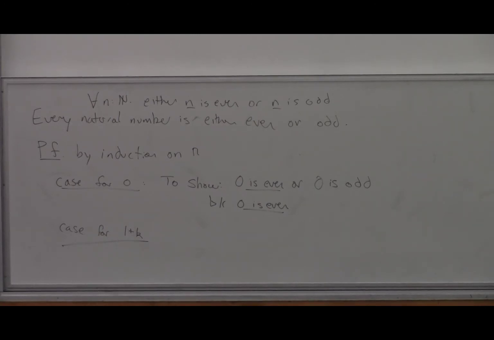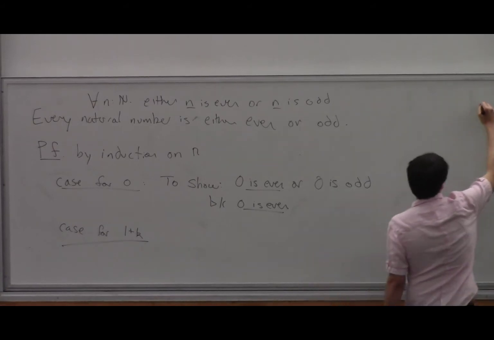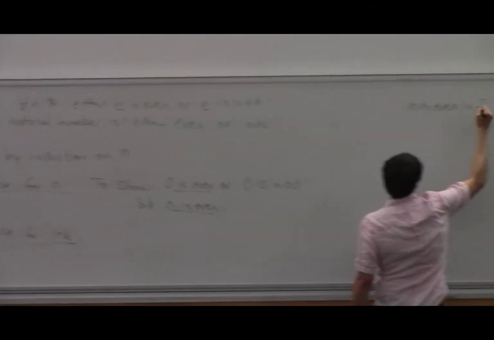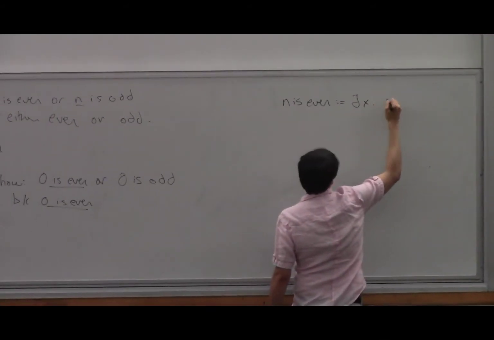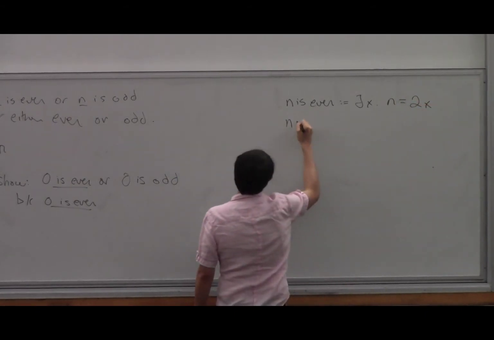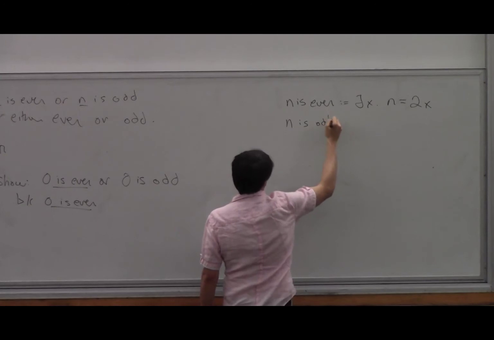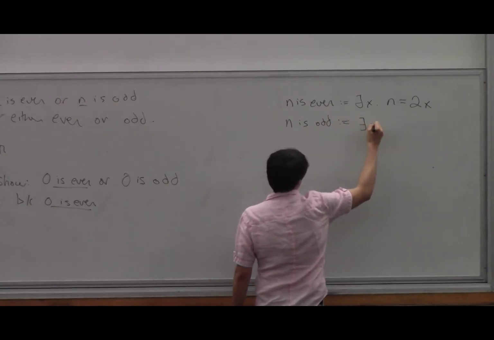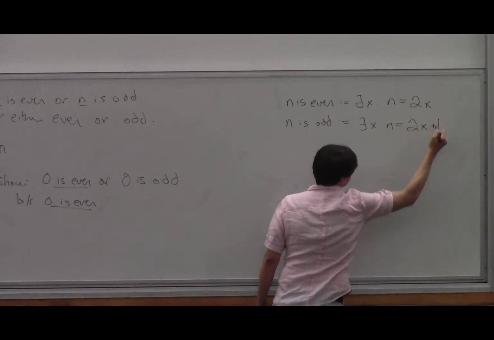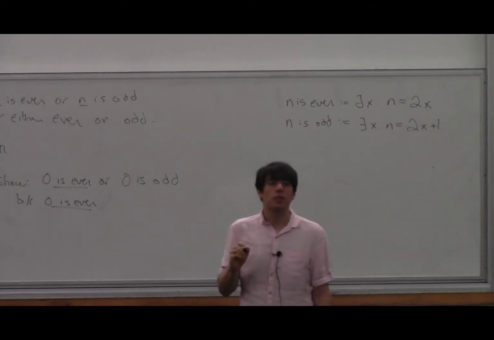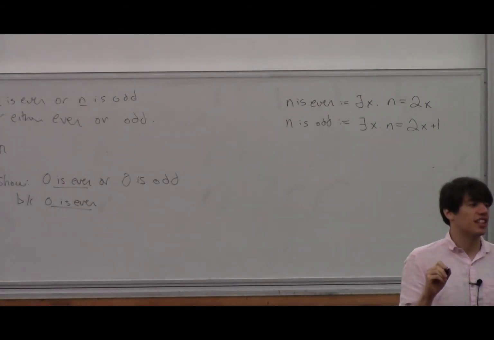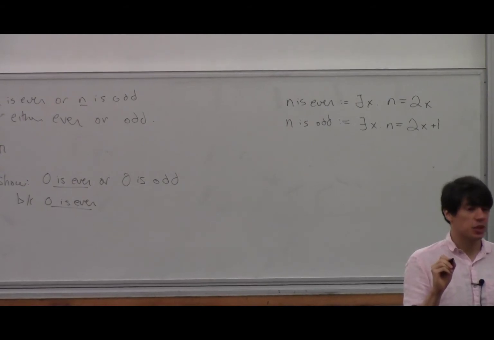But we could define n is even to mean there exists an x such that n is equal to 2x. And we could define n is odd to mean there exists an x such that n is equal to 2x plus 1. That's assuming we have some notion of equality and multiplication by 2 and addition with 1 to use.